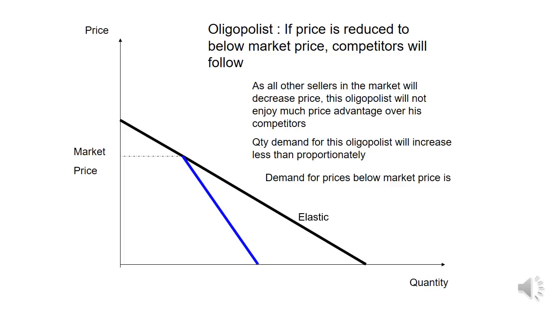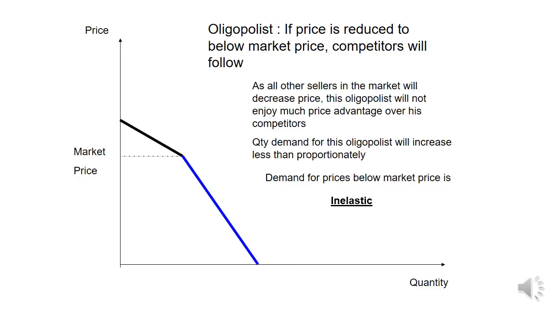So if I reduce price, I will not get a lot more business either, because all of them will be reducing price. Therefore, the demand for my product below the market price is inelastic. I can reduce price, but very few more people will buy from me, because all my competitors are also reducing price. So my demand curve below the market price is inelastic.